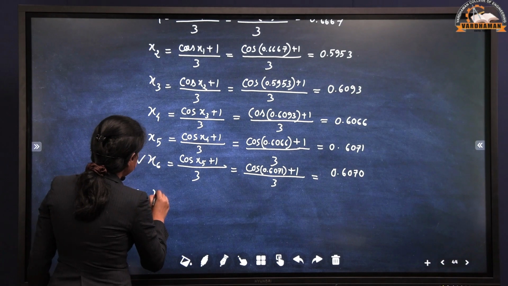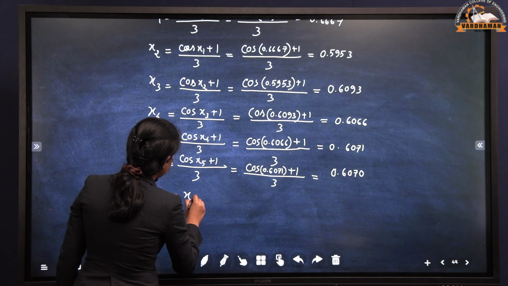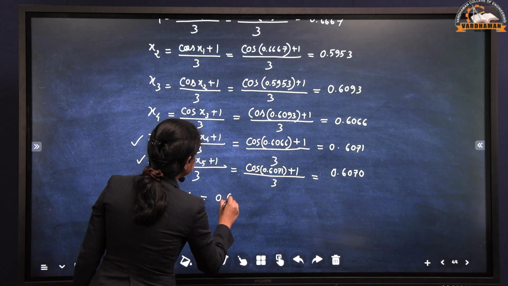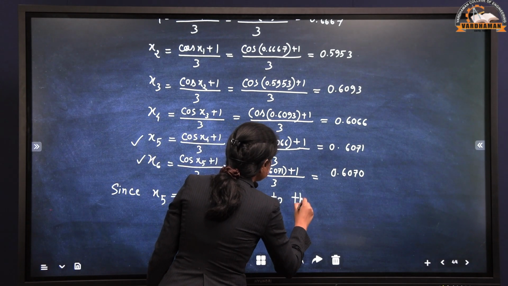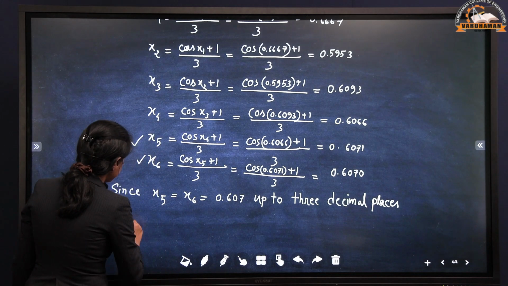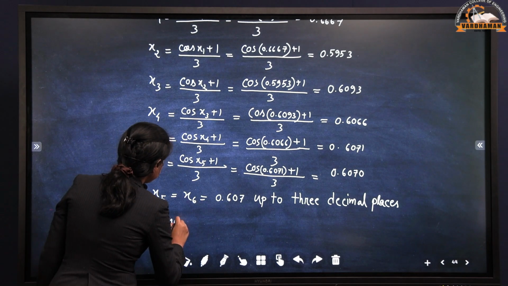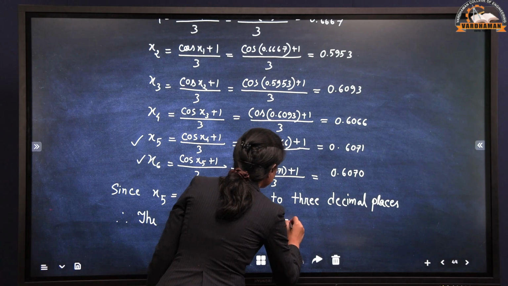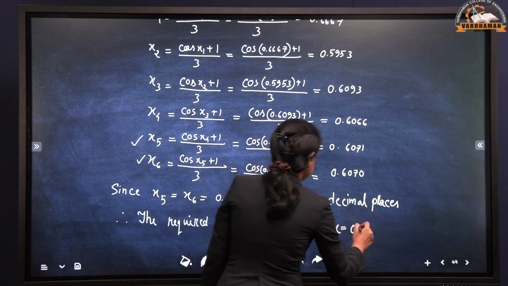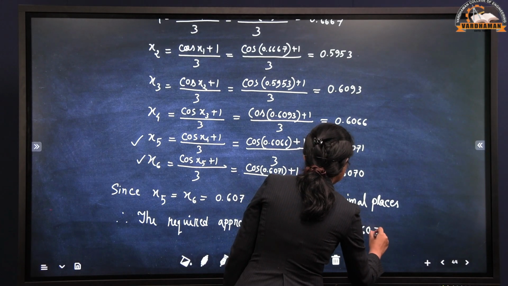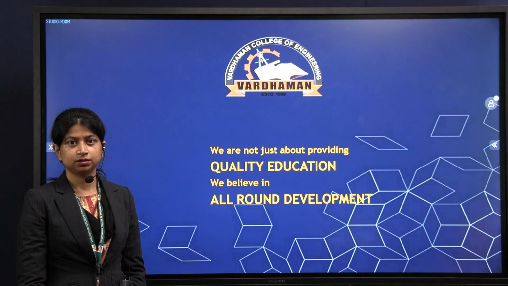Since x5 is equal to x6 is equal to 0.607 up to 3 decimal places, the required approximate root is x equal to 0.607. This is the answer. Thank you.